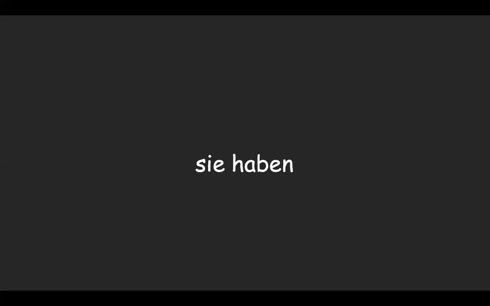And equally, you polite, one person or more than one person. Sie haben, with a capital S if you're writing. If you're speaking, it's context, it's meaning, you know whether it means you polite or they. That's how you know. Sie haben, 3 different uses, as we've seen before. Very difficult, very complex. Sehr schwer, ja, difficult, sehr schwer. Es ist sehr schwer, es ist sehr schwierig, very difficult, complex.